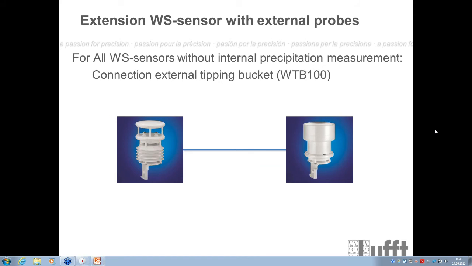So if you have a changed ID, a changed baud rate, or a changed protocol, that doesn't matter, because the sensor will start up with ID 200, baud rate 19,200, and UMB binary for the first 5 seconds.